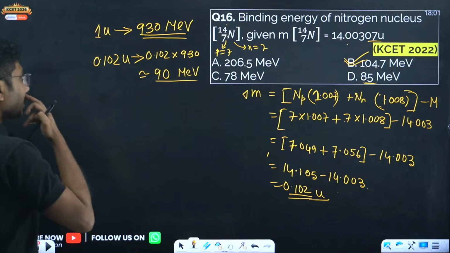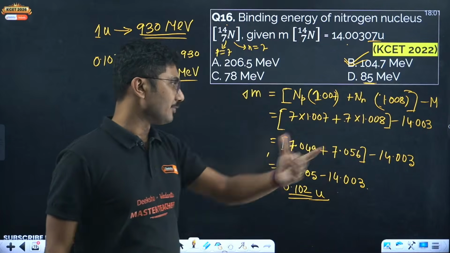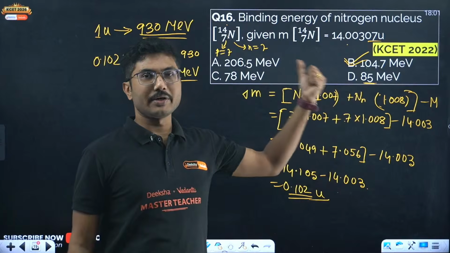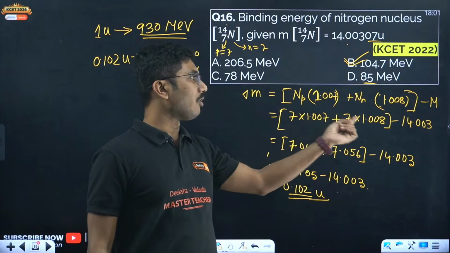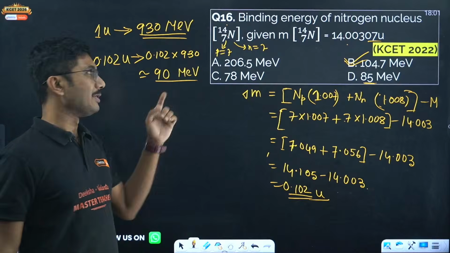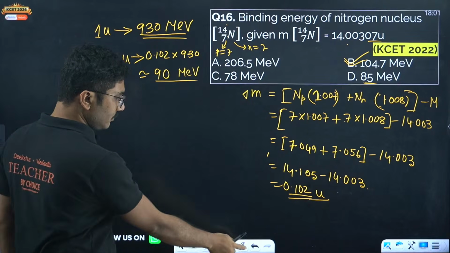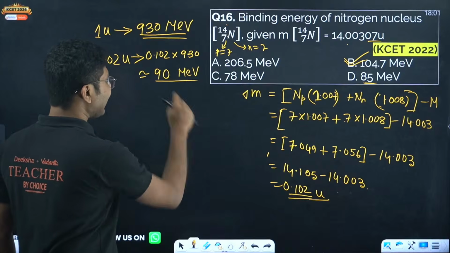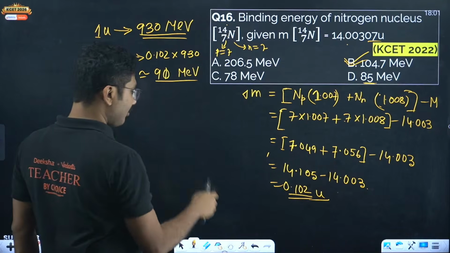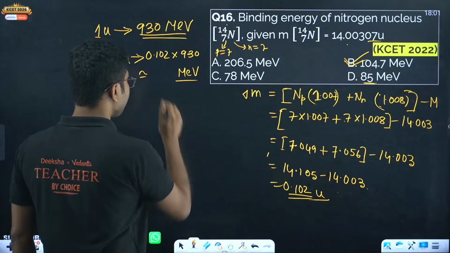Why? Because at every stage we have reduced the values. If you take all the values correctly, it would be much more than 90 MeV. It is approximately 93.6 MeV.